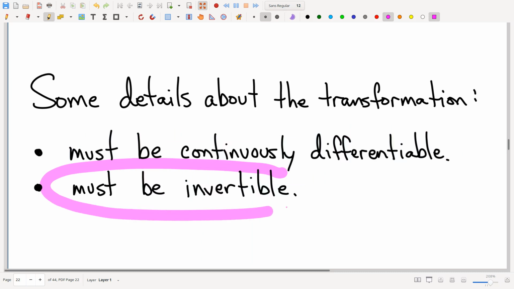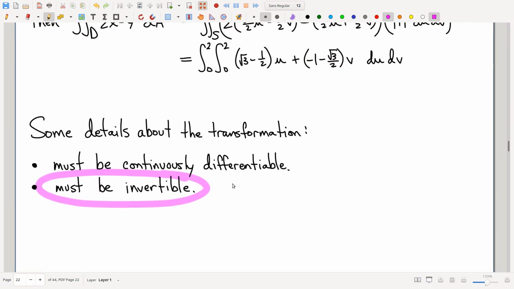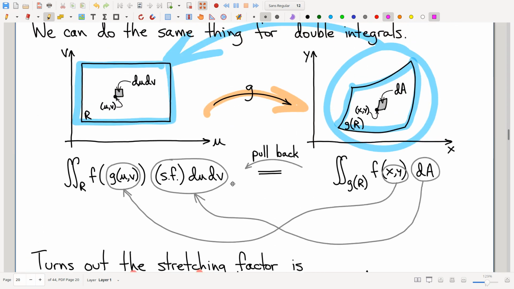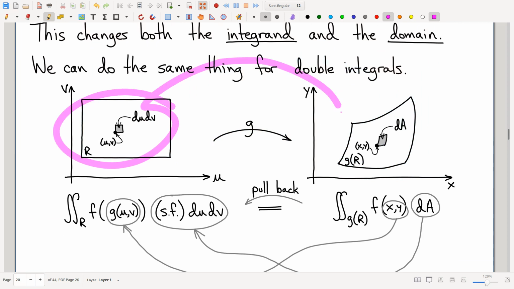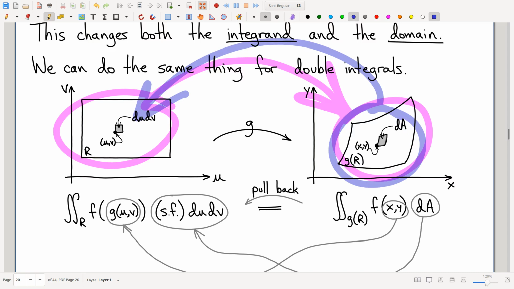And they do also have to be invertible. The problem is that if your function's not invertible, then you can't claim, as we have done in general here, that when you push forward to see the image, and then you pull back to get the pre-image, that won't work out as conveniently and nicely as we were assuming it would.